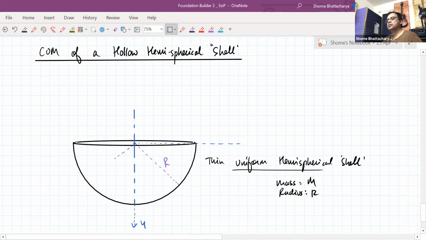Okay. Because I'm taking this point as my origin. And the z-axis will be like this. So the origin is the center of the open face.